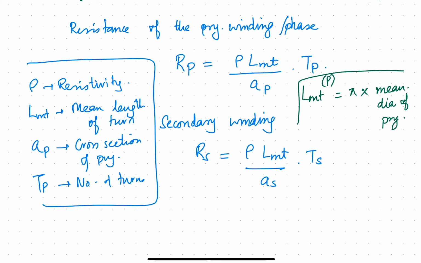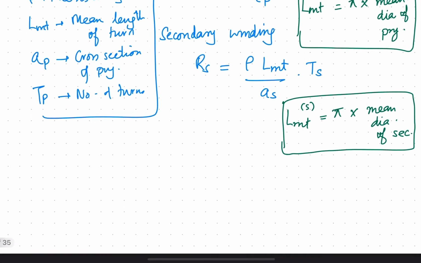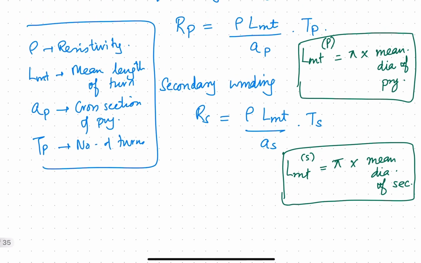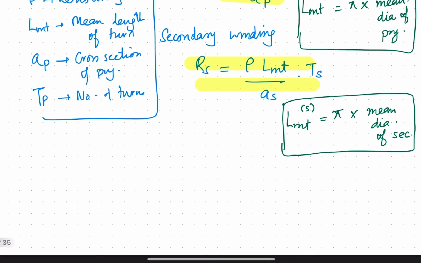This is the mean length of turn of the primary, and mean length of turn for the secondary is pi times mean dia of secondary. Okay, so based on these values we can find out the resistance Rp and Rs, and some additional information.